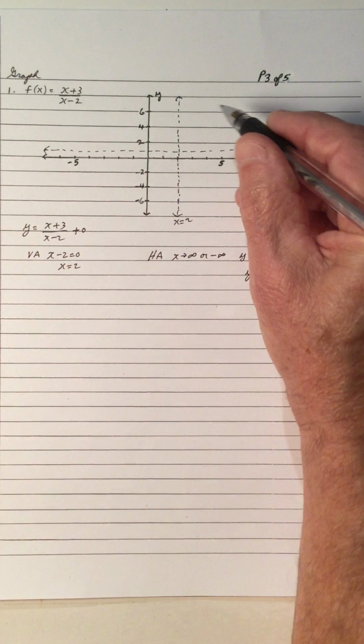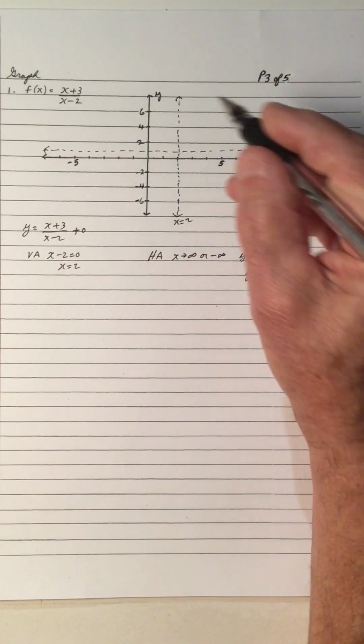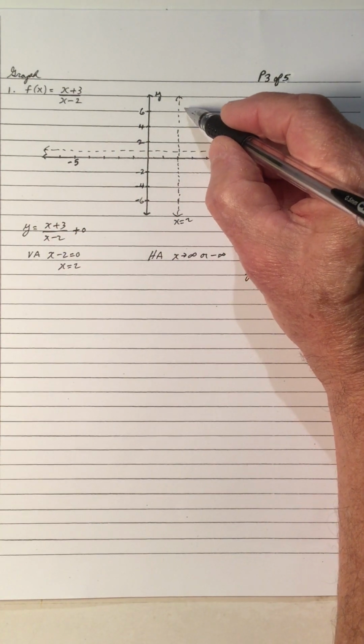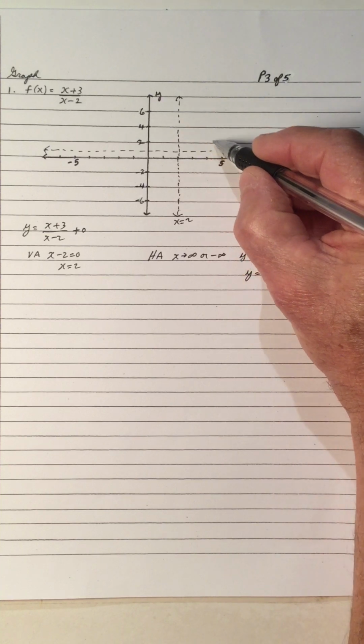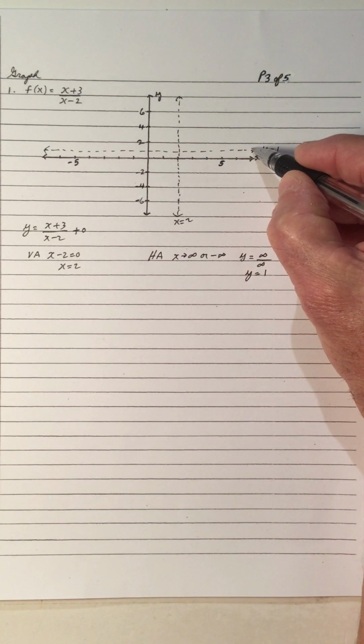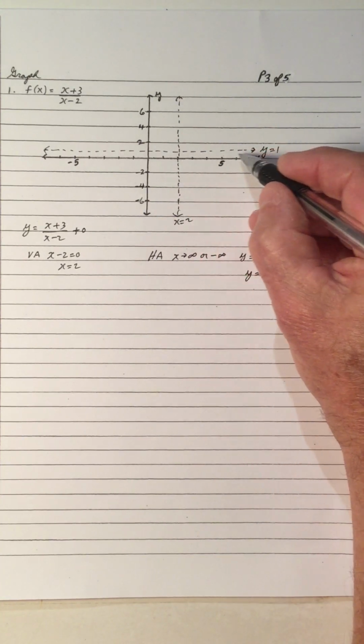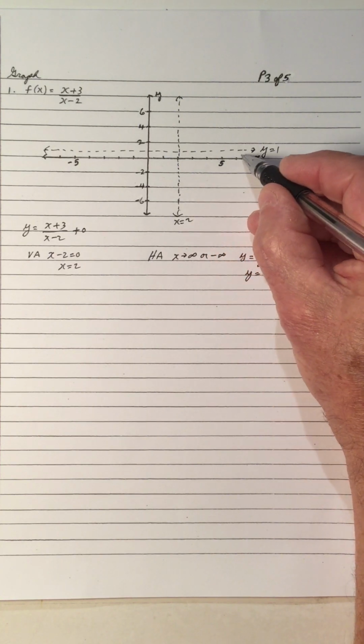So we have a vertical asymptote and a horizontal asymptote. As x goes to infinity, the graph will go towards 1 here, or as x goes to negative infinity, it can go towards 1 here.